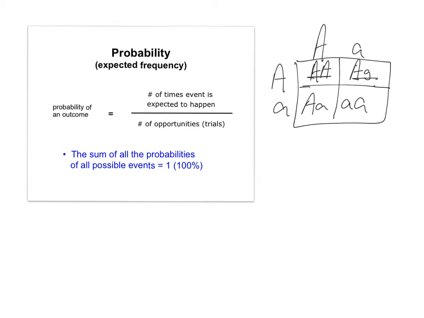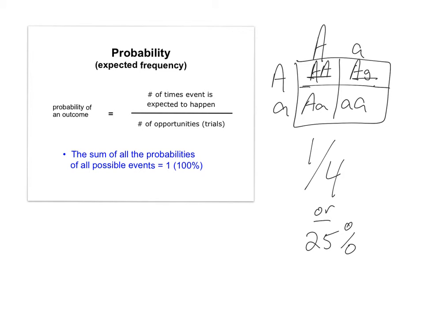Given 4 opportunities, what is the likelihood of getting 1 big A? It's 1 out of 4, since the total is 4, or you could write it as 25%.